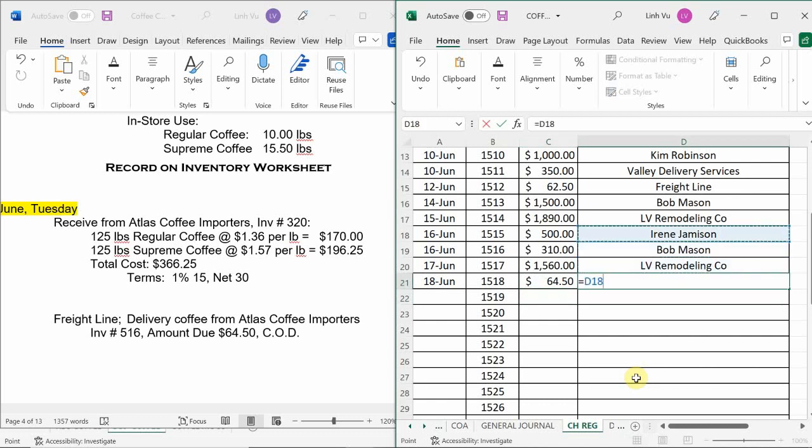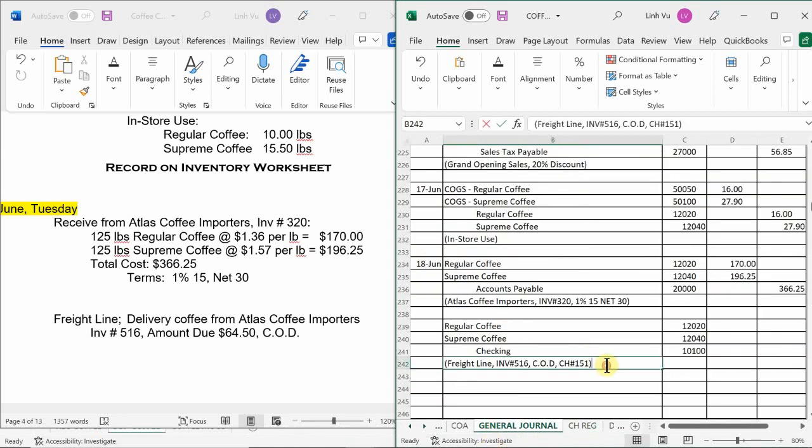To, who are we writing this out to? Freight. Okay, so Freight for $64.50 using check number 1518.